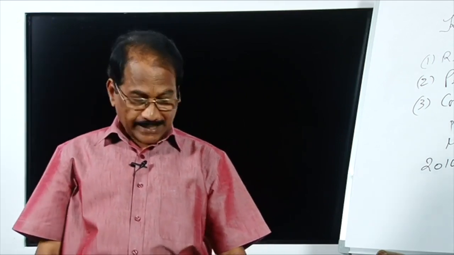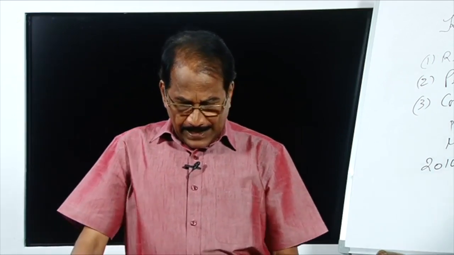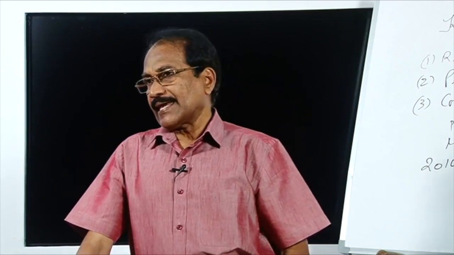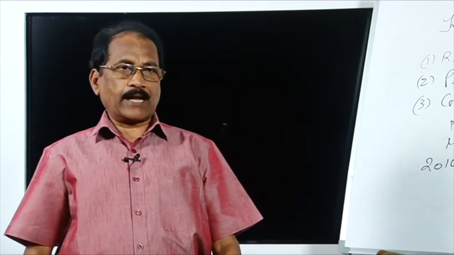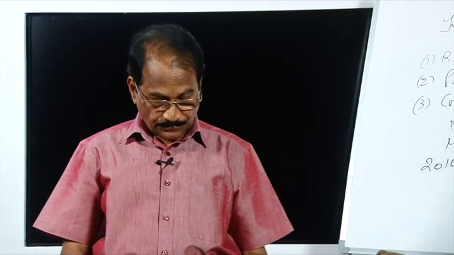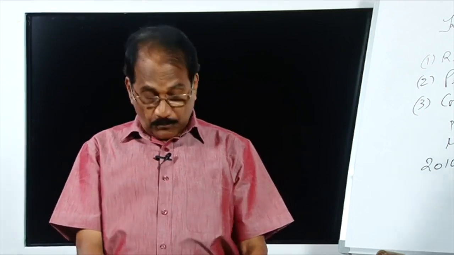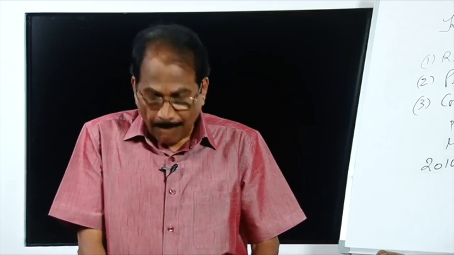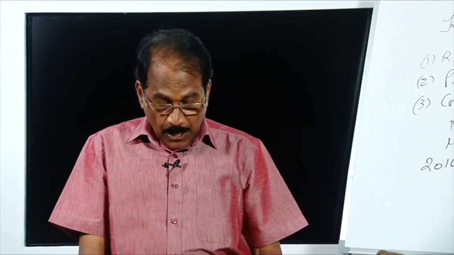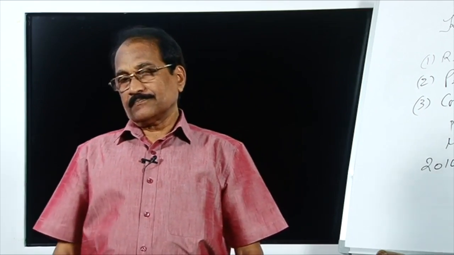Number 2. Second is concerned with the Kera Grama program. Kera Grama program is to promote, mainly, number 1, coconut cultivation.